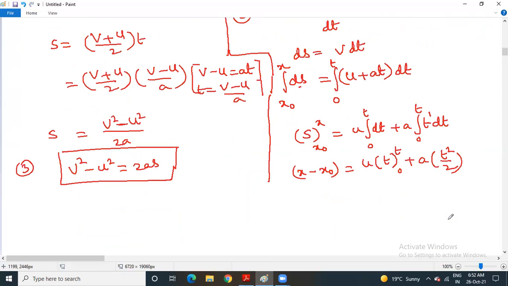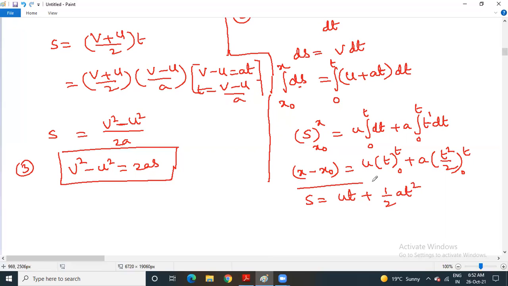So you'll finally get, after substitution, x minus x naught, which is the displacement, and it will be ut, because of the substitution of t and 0 in place of t, and here also t and 0 are the upper and lower limits, so it will be 1 by 2 at square.